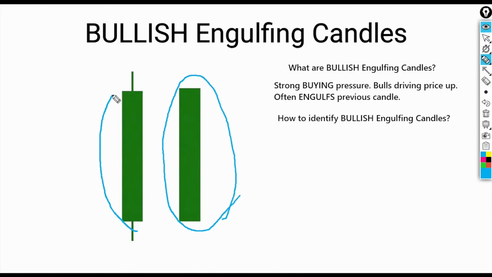The body of the candle must make up at least 80% of the candle. And like I mentioned earlier, some bullish engulfing candles have wicks, some of them don't. The ones that do, the wicks of the candle must make up at most 20% of the candle. And that, ladies and gentlemen, makes a valid bullish engulfing candle.